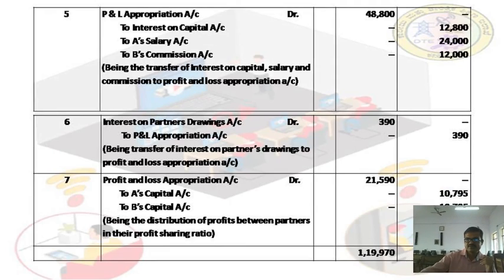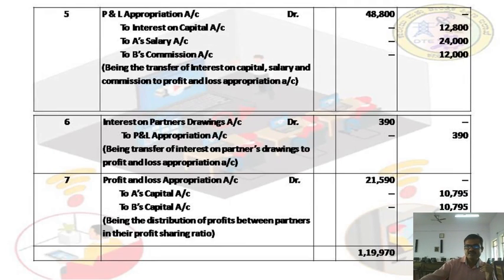Next, after making the adjustments like interest on capital, A's salary and commission, these are debited to which account here? Profit and loss appropriation account. You know that. Fifth journal entry: profit and loss appropriation account debit 48,800 to interest on capital account 12,800, to A's salary account 24,000, to B's commission account 12,000.